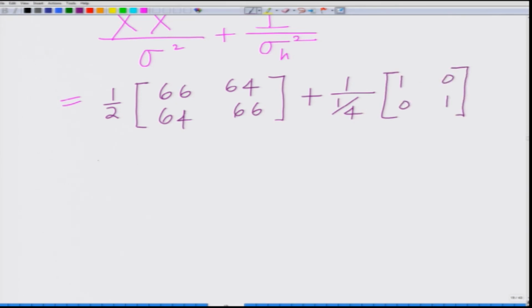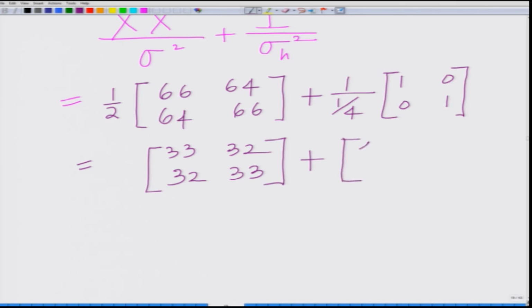So this will be 33 32 32 33 plus 4 0 0 4. This will be 37 32 32 37.